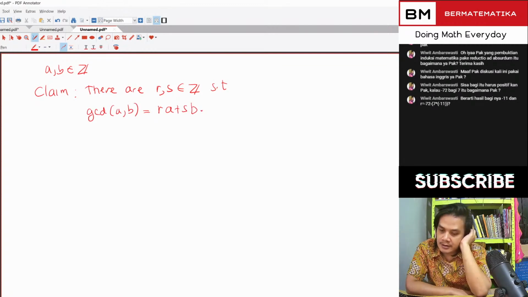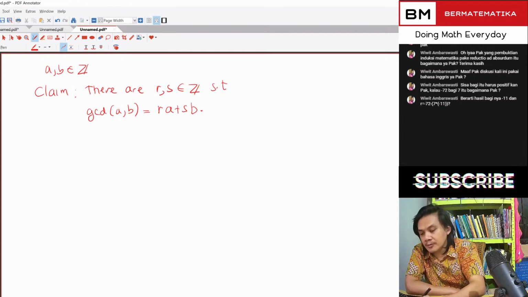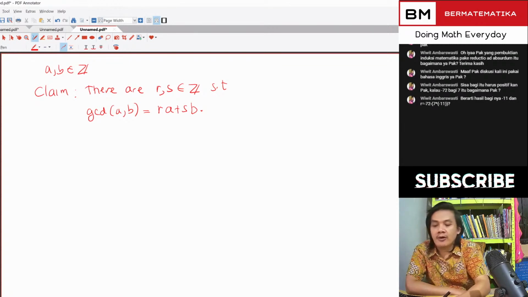Okay, so first we show the proof. Consider the collection of all integers in this form, like KA plus LB, where K and L are integers.